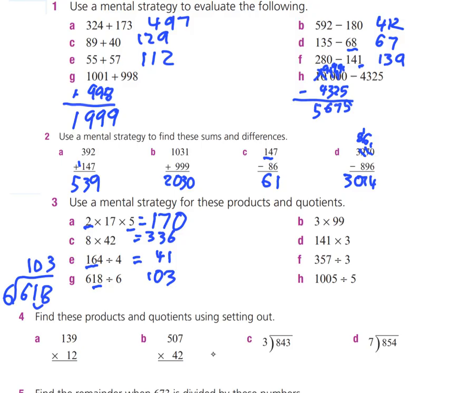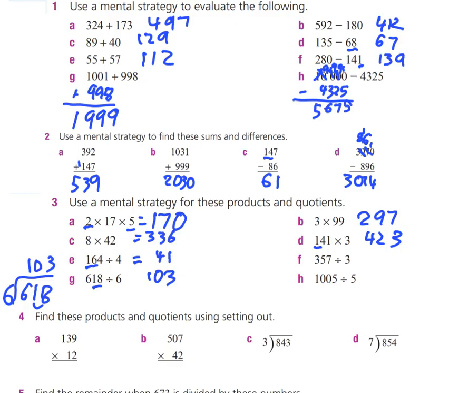3 times 99 is going to be just like 3 times 100, which is 300, but it's one lot of 3 less than that. So it's going to be 297. 3 times 141, 3 times 1 is 3, and 3 times the 140 will give me 420. 357 divided by 3.